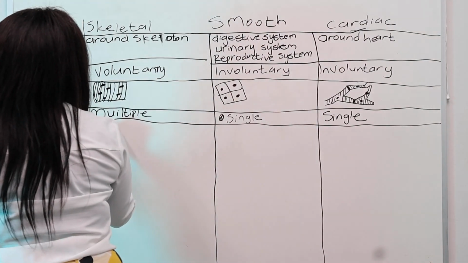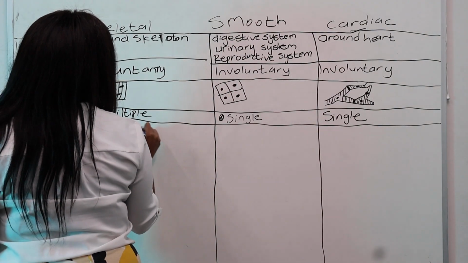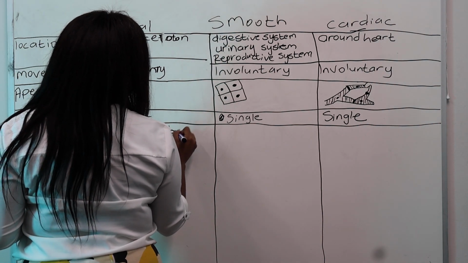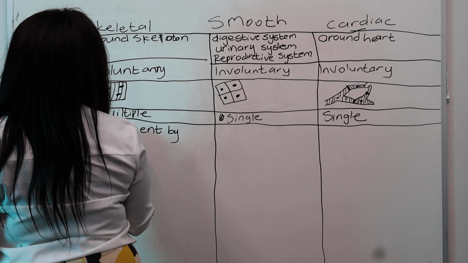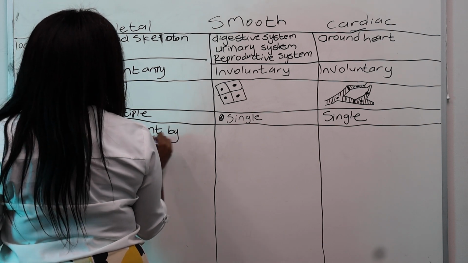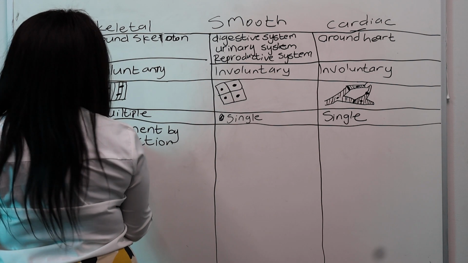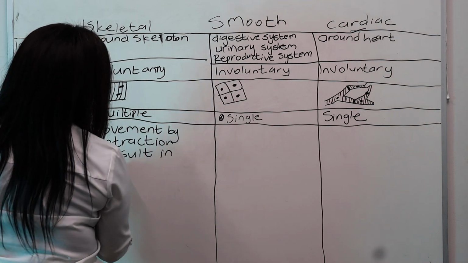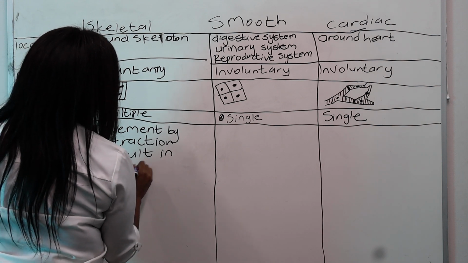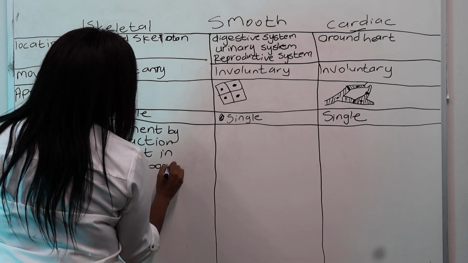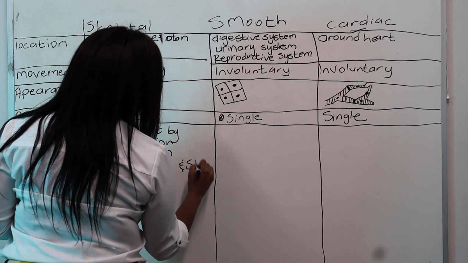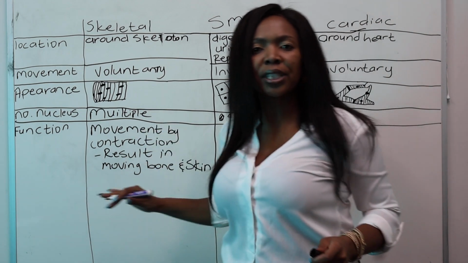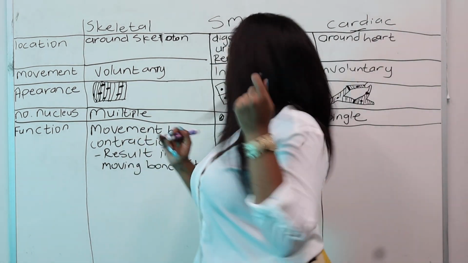So it's for movement by contraction, which results in moving the bones and the skin. So this is the function of the skeletal muscle.